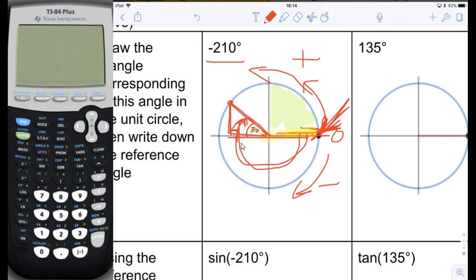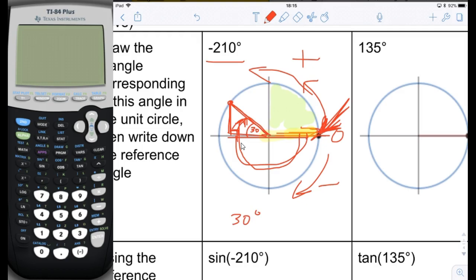A reference triangle could be pointing up or it could point down. But basically, even though it might point up or point down, it always has a positive angle between 0 and 90 degrees. So this reference angle happens to be 30 degrees.